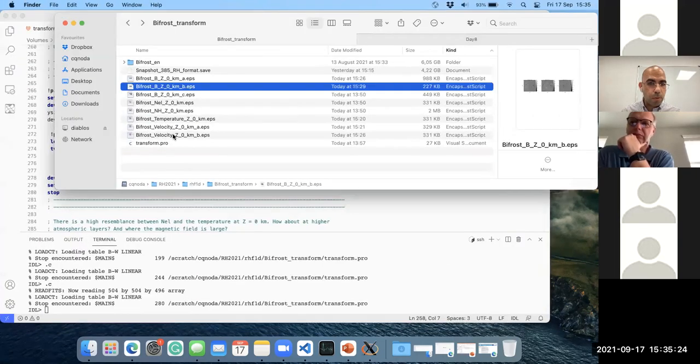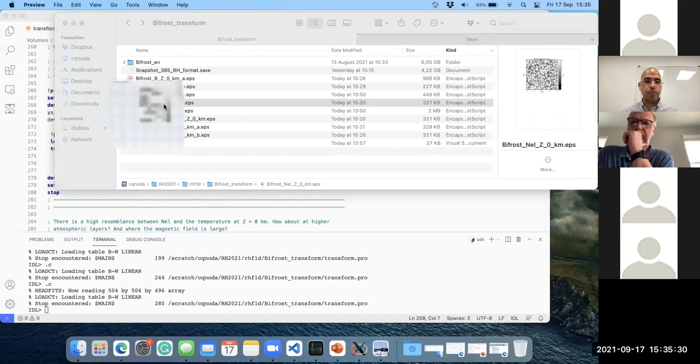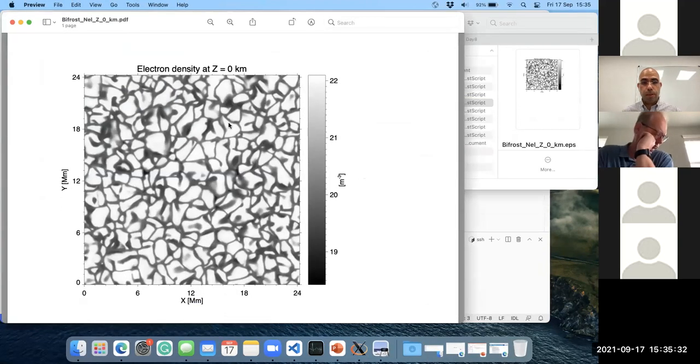So then if we go to electron, this one, okay. You will see that at Z equals 0, it looks very similar to the temperature. But it's also interesting to see that, for example, in the regions where the magnetic field is strong, there is a different pattern with respect to the one we have in temperature.